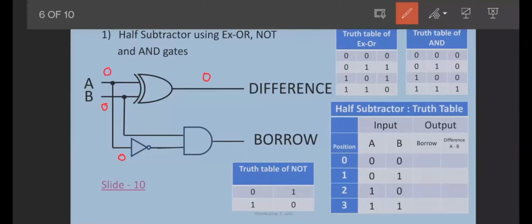After the NOT gate, it is converted to 1. Input B, it is 0. So, according to property of the AND gate, if one of the input is 0, output is 0. So, for the difference, the result is 0. For the borrow, the result is also 0.